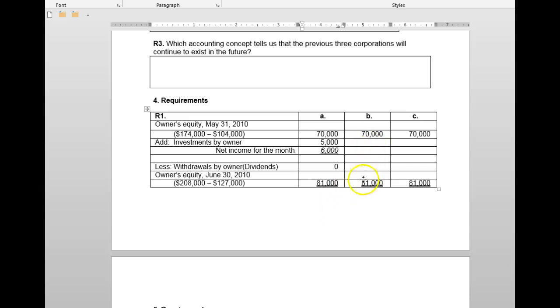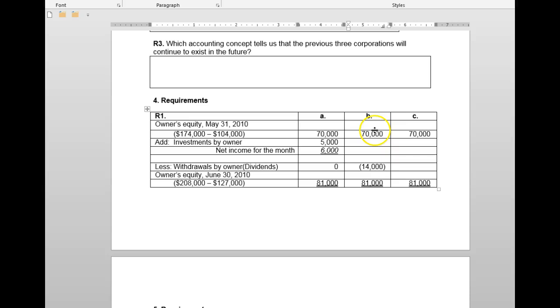For the next one, okay, we've got 70,000. This is our scenario. Same as before, but now they've paid out dividends of 14,000, which is a withdrawal. So this is now in a negative state. So how in the devil do I get from 70,000 to 81,000? Well, this was deducted from the whole thing.